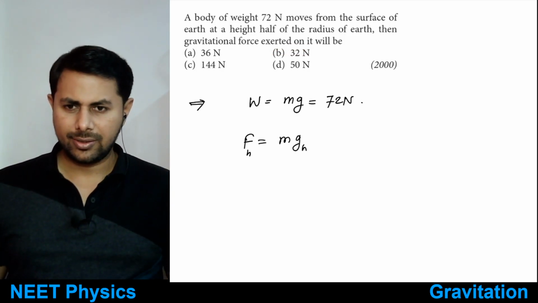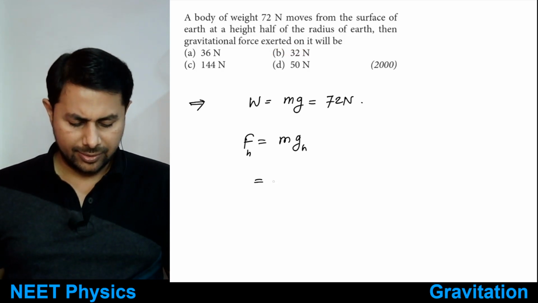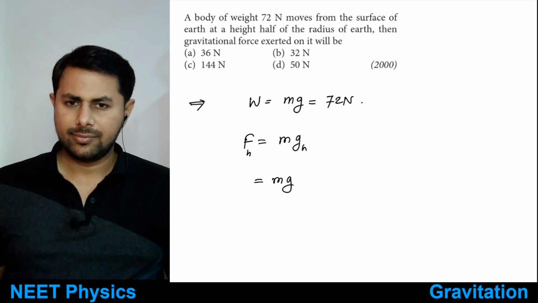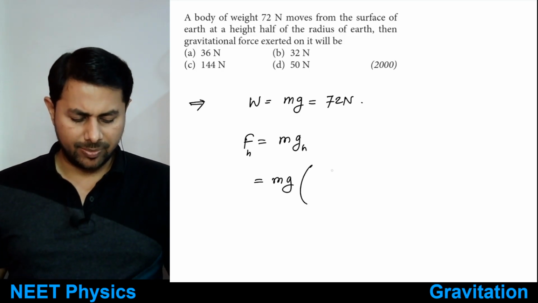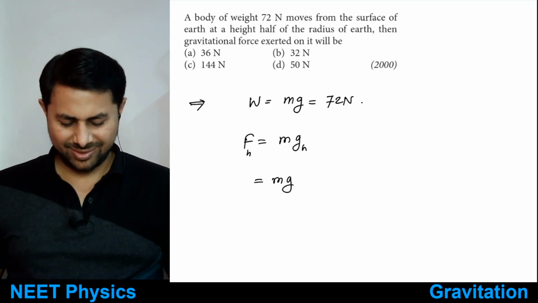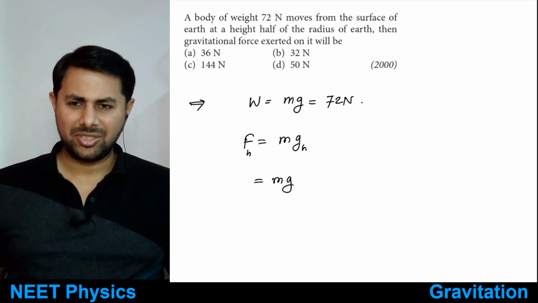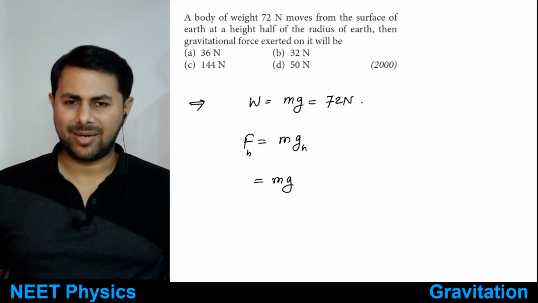Okay, this is simple, right? Yes, no? Okay, it is simple. It is just g multiplied by, which formula will you use? Tell me. 1 minus 2h upon R, or R divided by R plus h square?